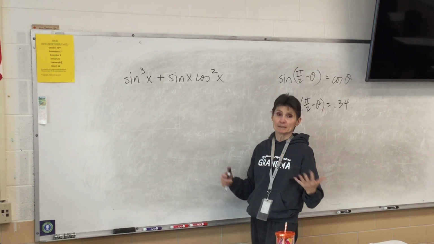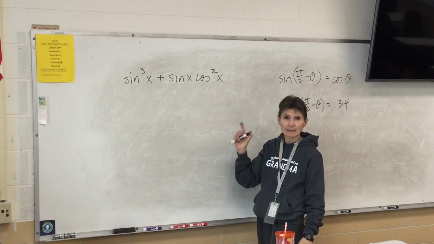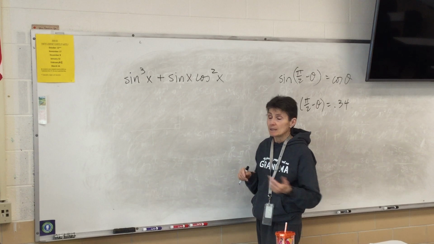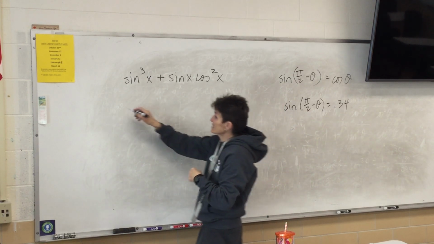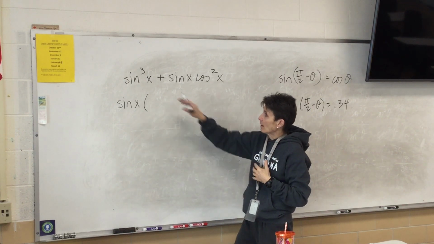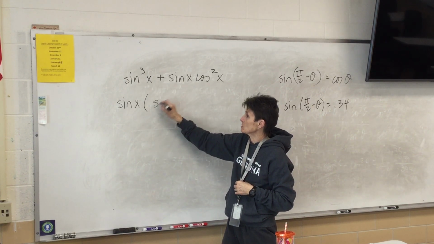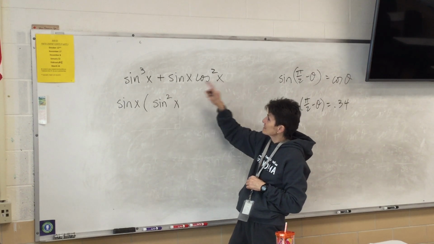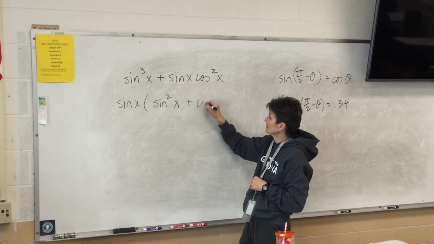You can't add those, they're not like terms, but would a possibility be to factor it? We can take one sine out of sine cubed, and that would leave us with sine squared. And we can take a sine out of this, and that's going to leave us with, oh my gosh, ding, ding, ding.